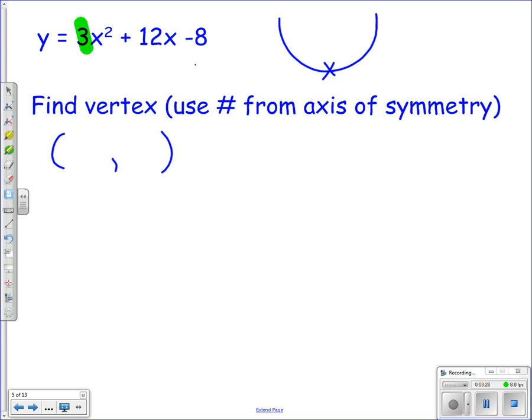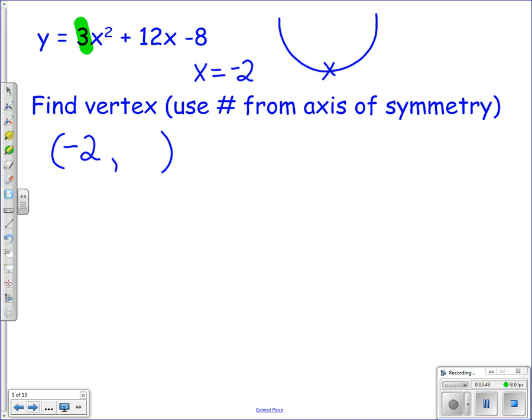We know from our last page that x is equal to negative 2. That is the x coordinate of our vertex.